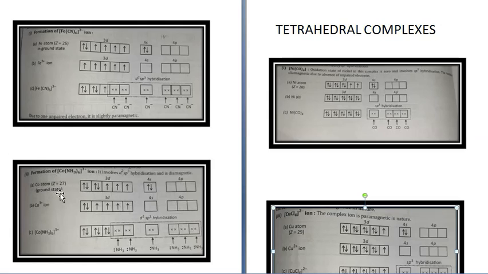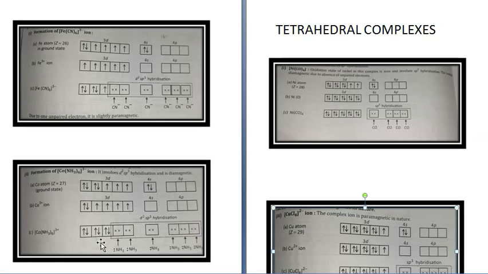So electronic configuration, valence electrons will be 4s² and 3d⁷. So Co³⁺ ion becomes, after removing 2 electrons from here and 1 from this, 3d⁶, and 4s and 4p are vacant.